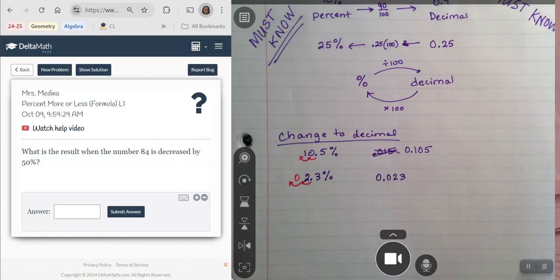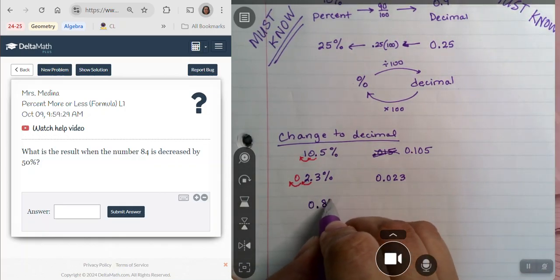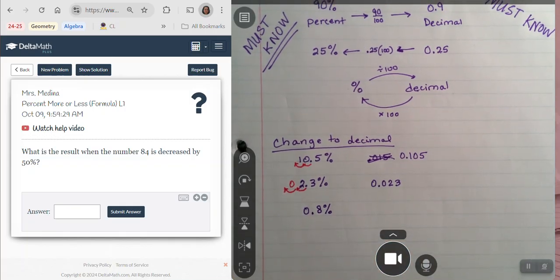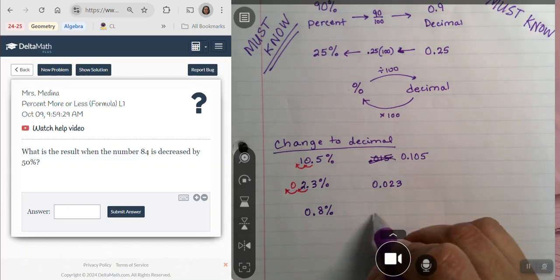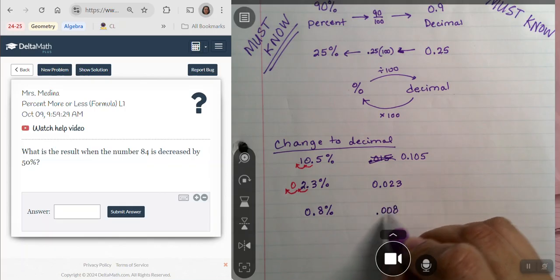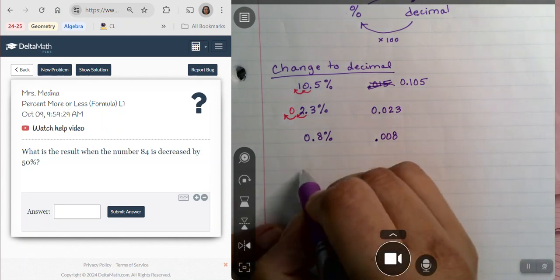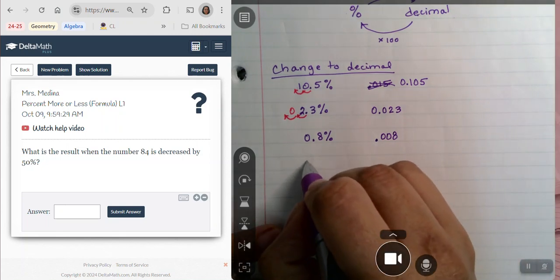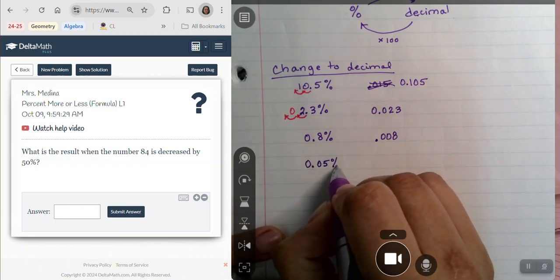But what if it's 0.8%? It's a very tiny percentage, but how do we write that as a decimal? Everybody engaged because this is a calculation that needs to be done quickly. 0.008. There we go. What if it's percent interest and they're really only giving you 0.05%?